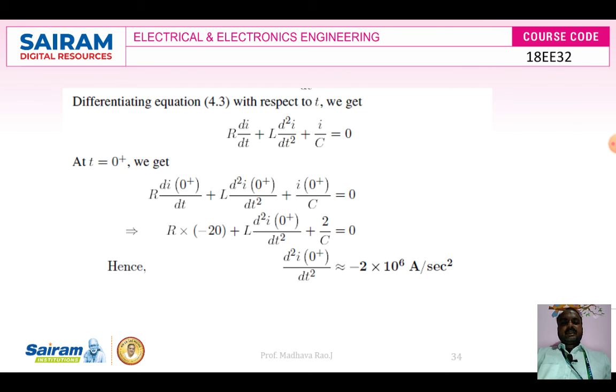So now differentiate the equation with respect to t: R into dI by dt plus L into d square I by dt square plus I by C equal to 0.